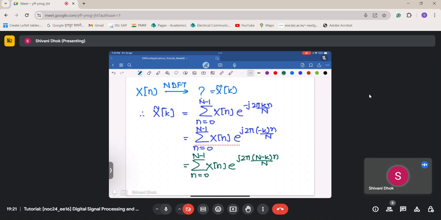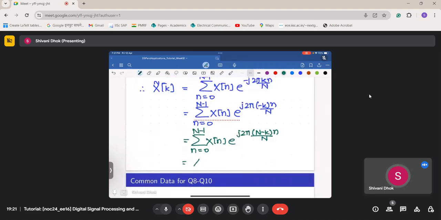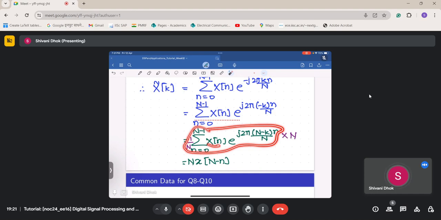So this thing here is simply x of N minus n, small x of N minus n, but multiplied by N. So if you observe carefully, if I multiply and divide this by N, then this particular part resembles the inverse DFT of capital X of n evaluated at N minus k.